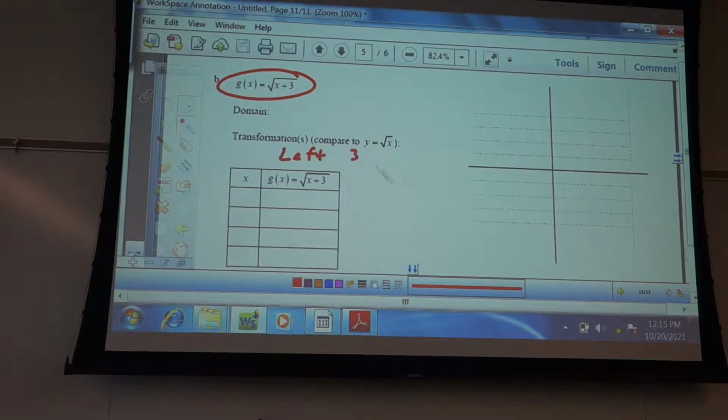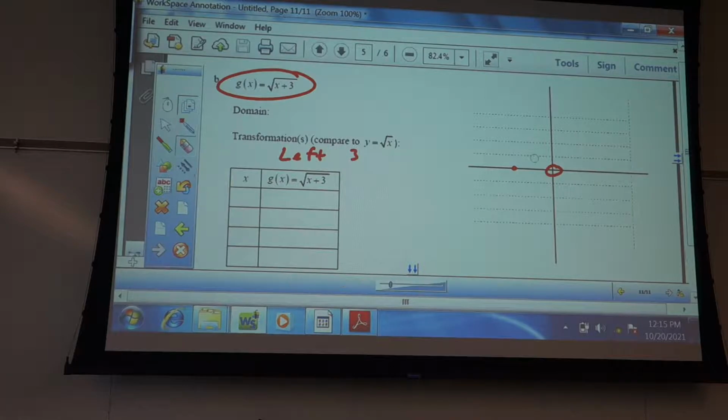All right, everybody mark in my origin. Here's my origin. It went left 3. It ends up right there. And it's a square root, so find the other pieces. Over 1, up 1. Over 4, up 2.